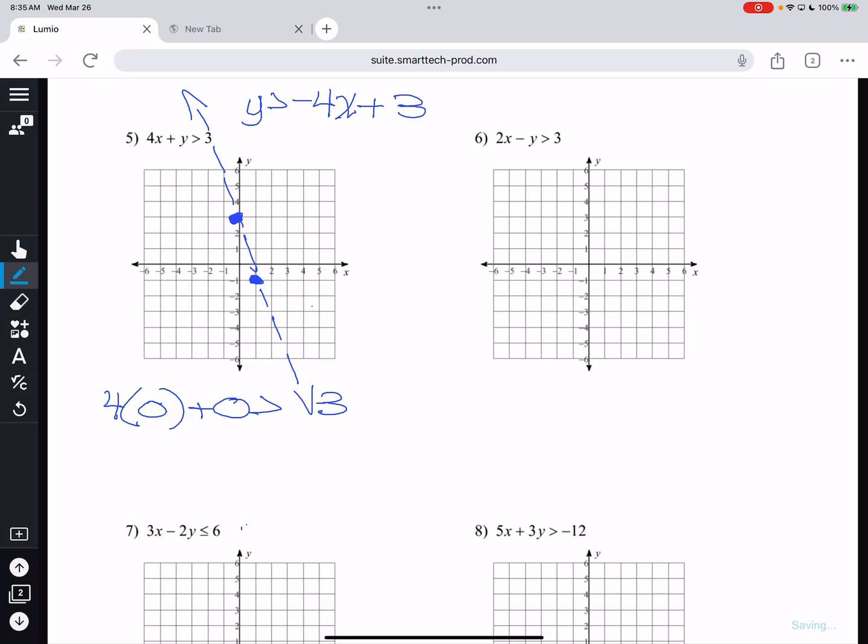And what's 4 times 0? 0. All right, so is 0 greater than 3? Is that a true statement? No. Therefore, 0, 0 is not part of the solution. So you shade the area where 0, 0 is not included. Does that make sense? You would have found 0, 0 right there, but because it made a false statement, we don't shade in that area. We'll shade over here.